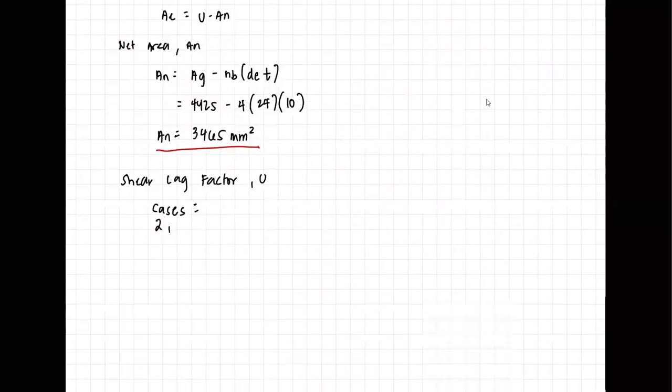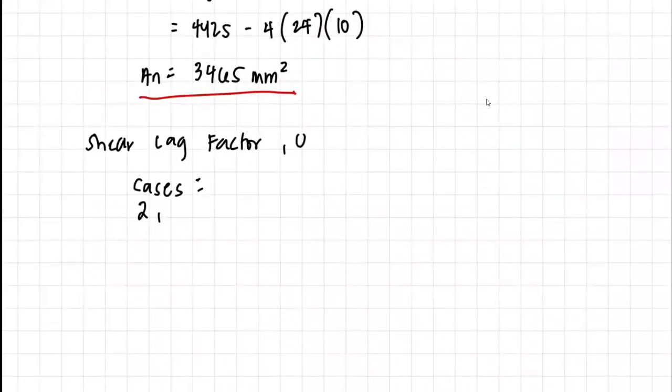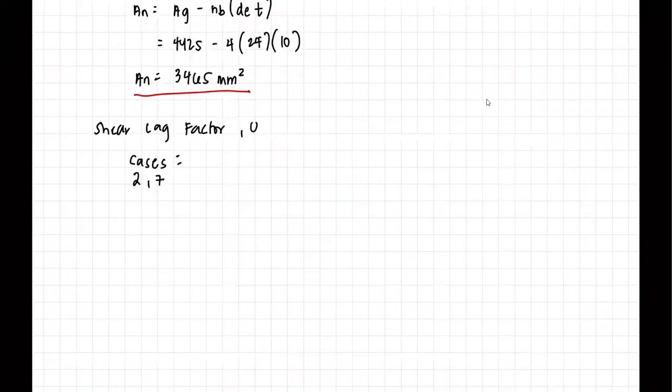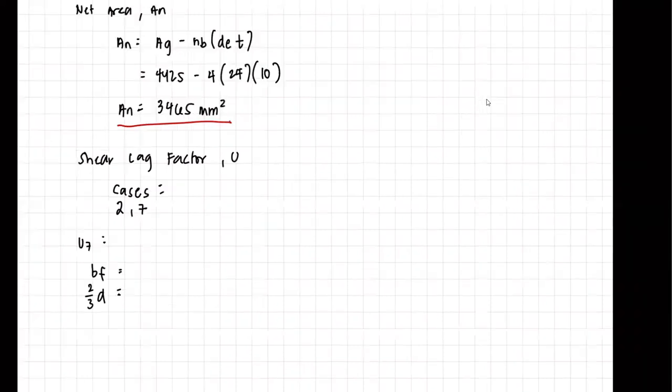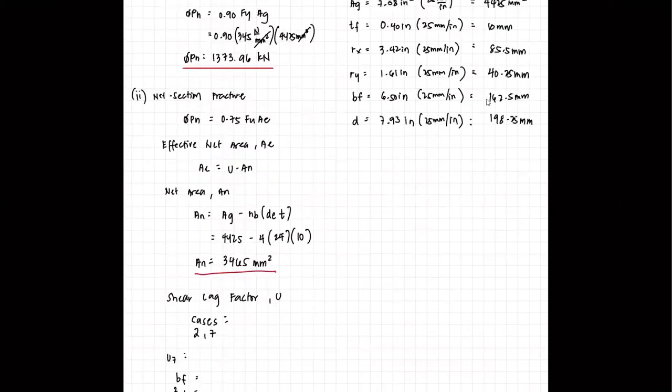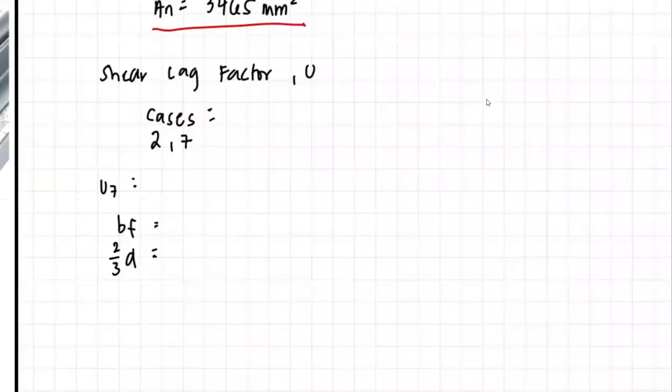So for case 7, we need to check BF and two-thirds of D. For BF, we have 162.5. For D, we have 198.25.